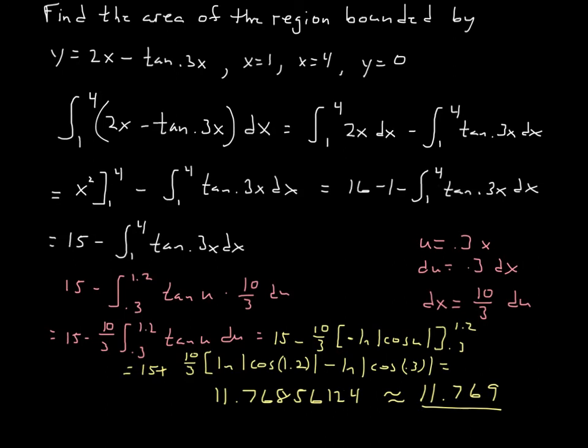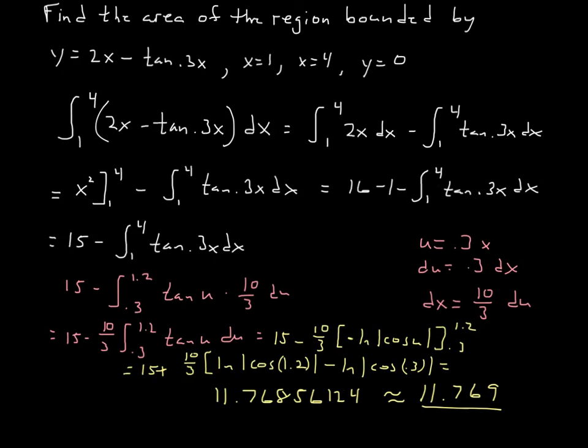Now, I did one thing at this point. I'm going to take that negative and pull it out. So this is going to be 15 plus 10/3 times the natural log of the cosine of 1.2 minus the natural log of the cosine of 0.3.